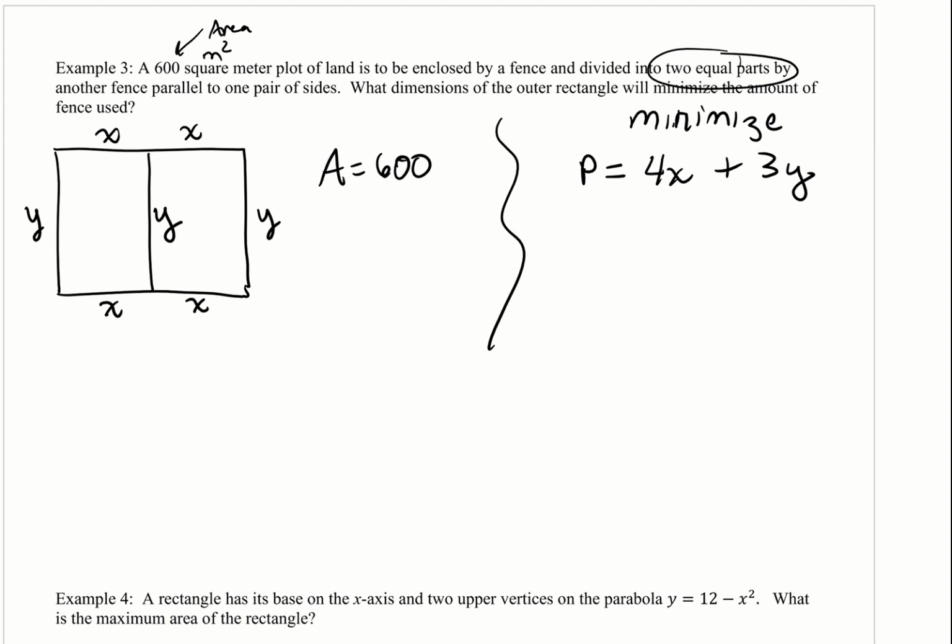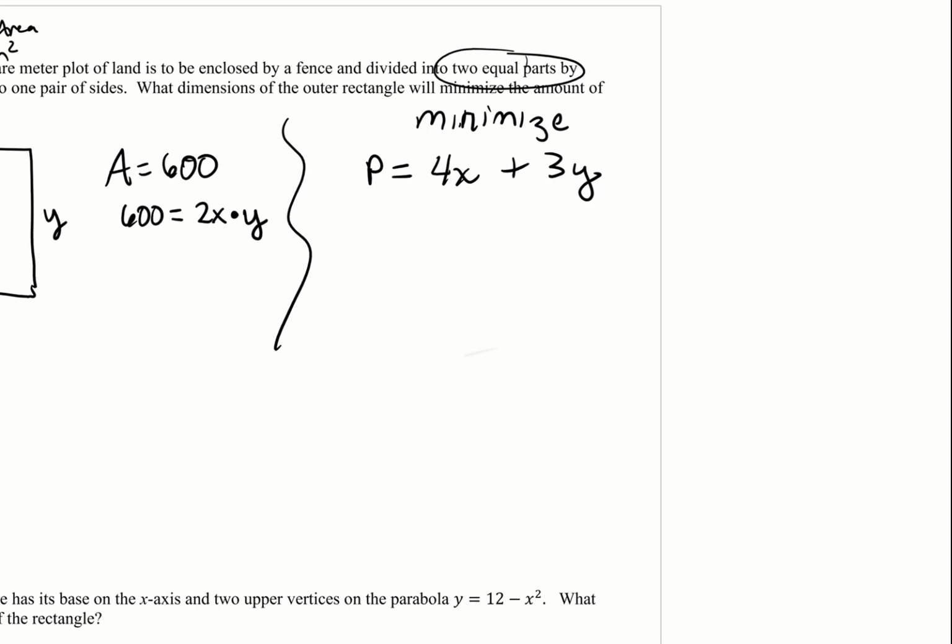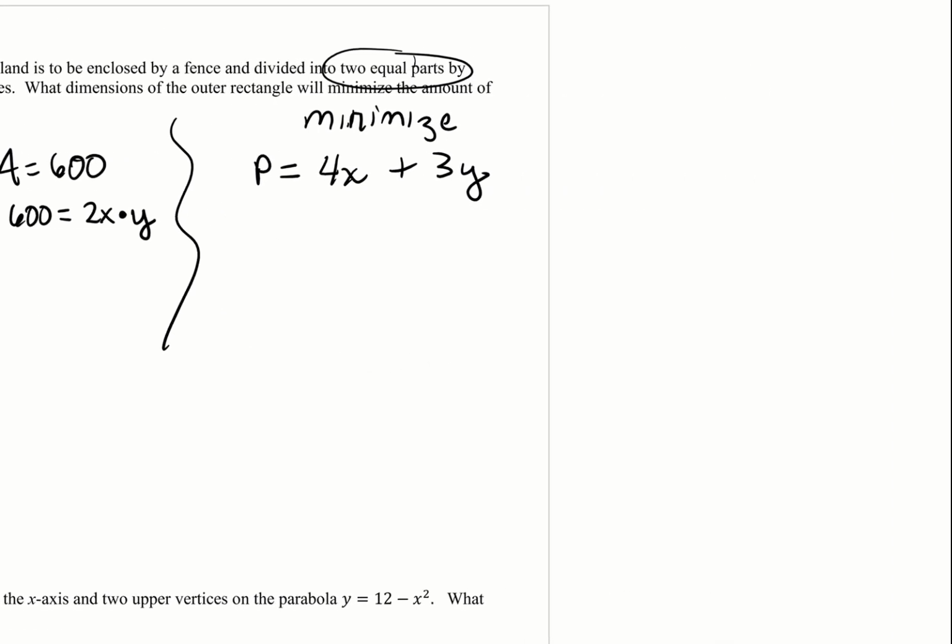Going back to my area, the area is 600, and that is formed by this full length on the bottom, which is 2x times y. Now, the one I want to minimize is the perimeter. So I am going to want to take the derivative of p, but I don't like that I have both an x and a y.